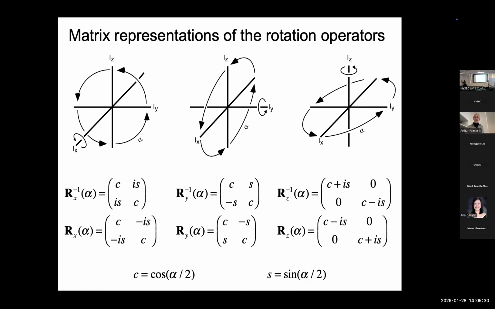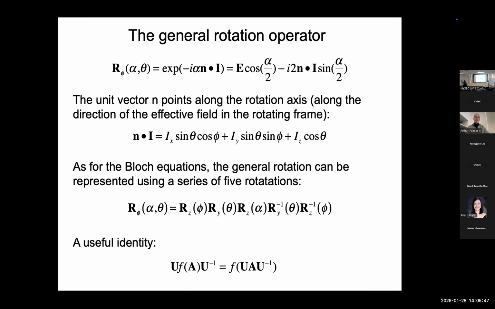Just like we did for figuring out in the Bloch equations what an off-resonance rotation looks like, where we don't have a rotation around a single Cartesian axis, we have the same formalism here.